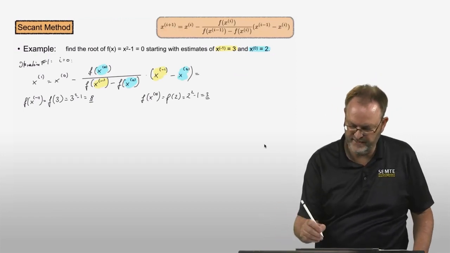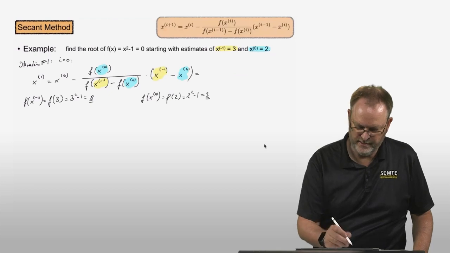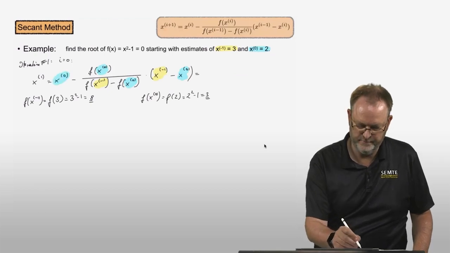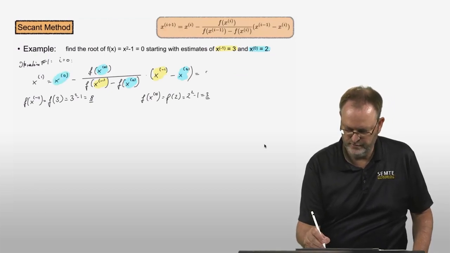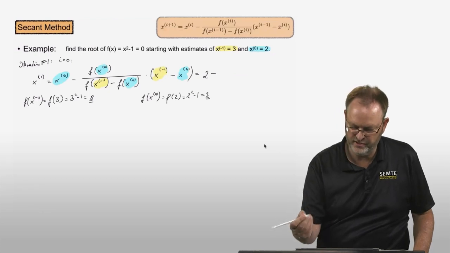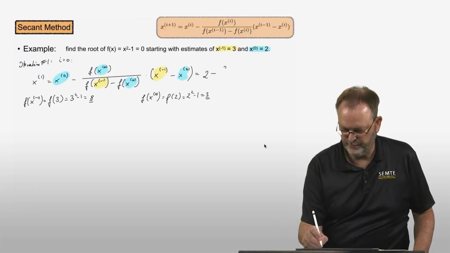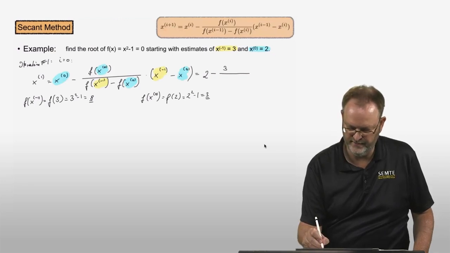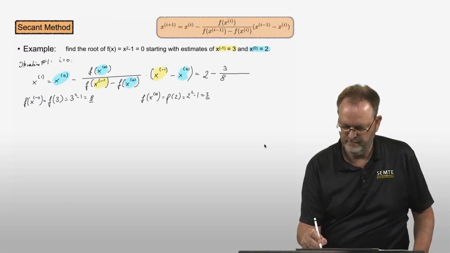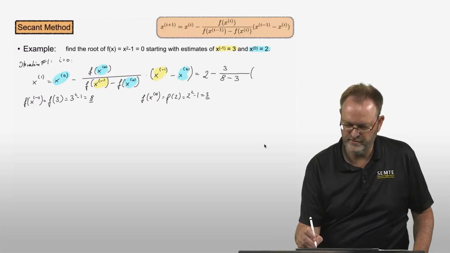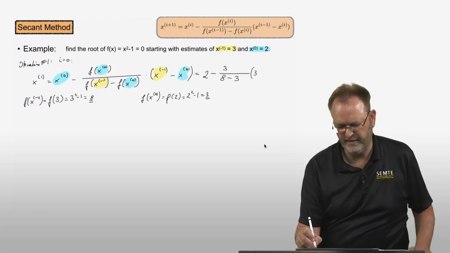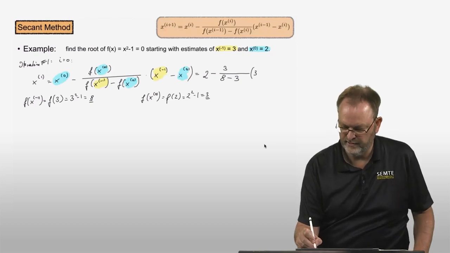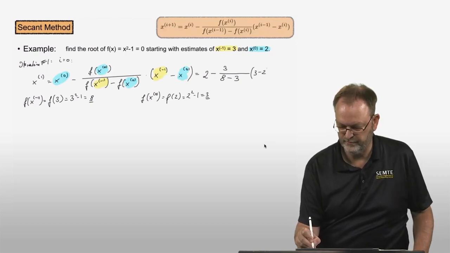Okay, so let's plug these values in. There's one more x0 over here. So 2 minus f of x0, that is 3, divided by f of x negative 1, that was the 8, minus f of x0, which is 3, times x negative 1, 3, minus x0, 2.